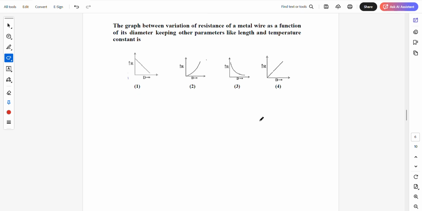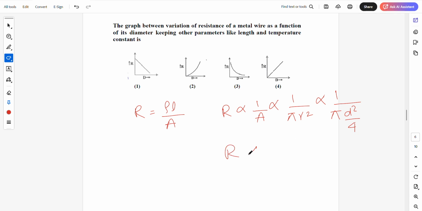Next, the graph of variation of resistance, R is equal to rho L by A. R is proportional to 1 by A, that is proportional to 1 by pi R square, that is proportional to 1 by pi D square by 4. So R is proportional to 1 by D square, where D is the diameter.